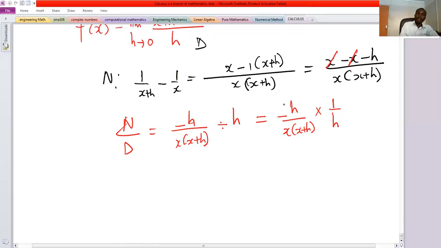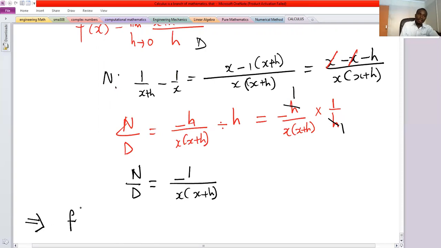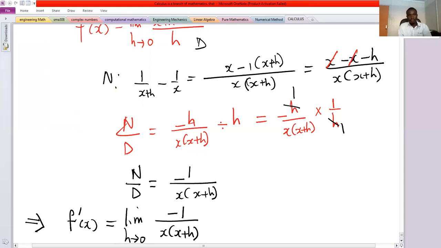This h and h cancel out. So numerator over denominator is negative 1 over x into x plus h. So this implies that f prime of x will be the limit as h approaches 0 of negative 1 over x into x plus h.